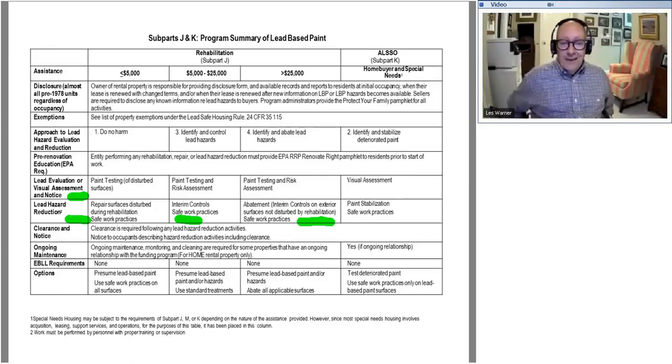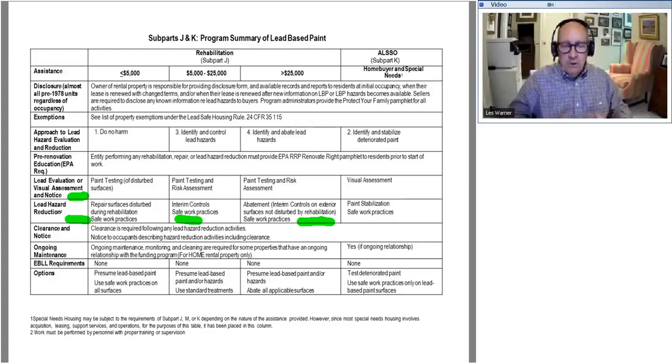Interim controls on exterior surfaces that are not disturbed by the rehabilitation are going to be acceptable as an abatement technique. So we had a question about, if we had a house that we maybe wrap in Tyvek and we reside that, will that qualify as abatement, even though we've not removed the lead that's there?